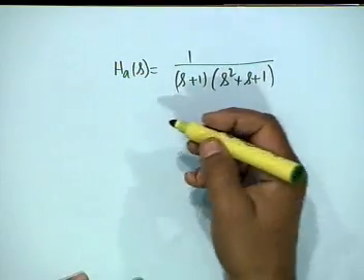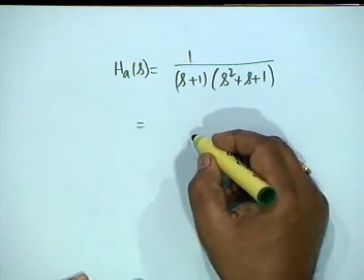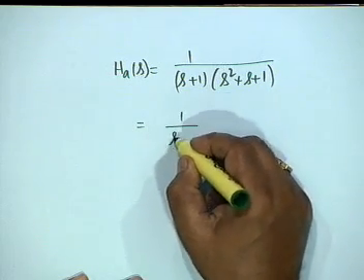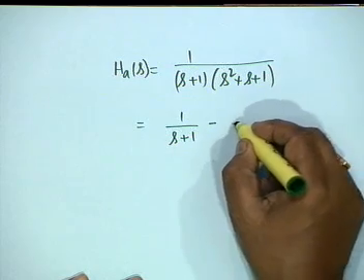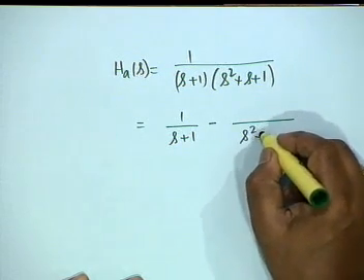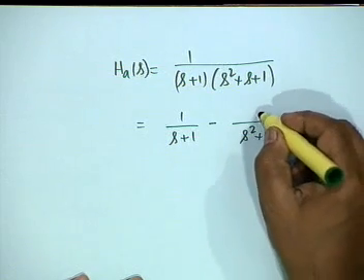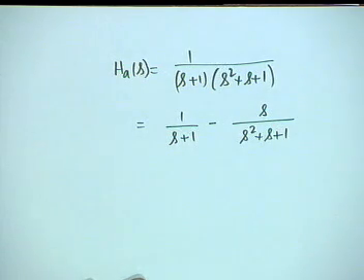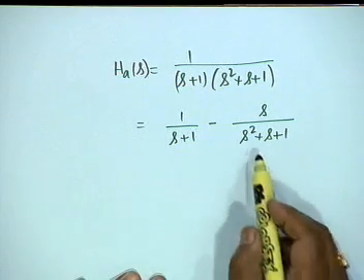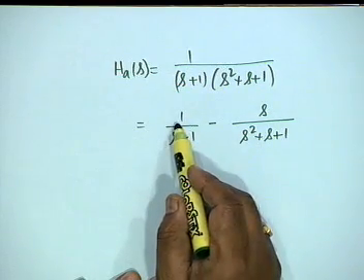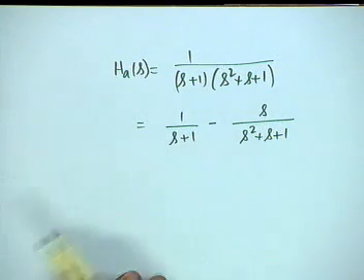And the partial fraction expansion is 1 by s plus 1 minus s over s squared plus s plus 1. You can verify this, s squared plus s plus 1, then minus s times s plus 1. So, the numerator will be 1.